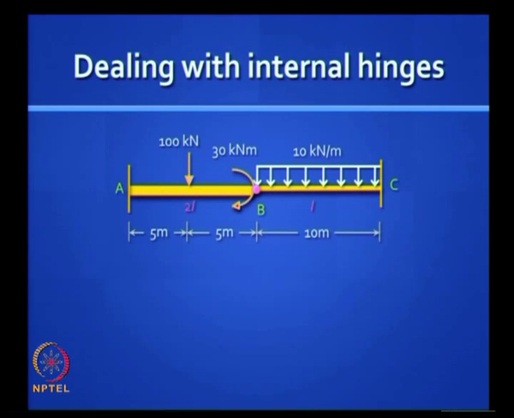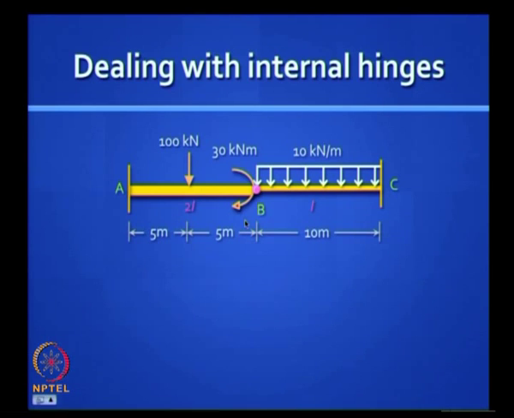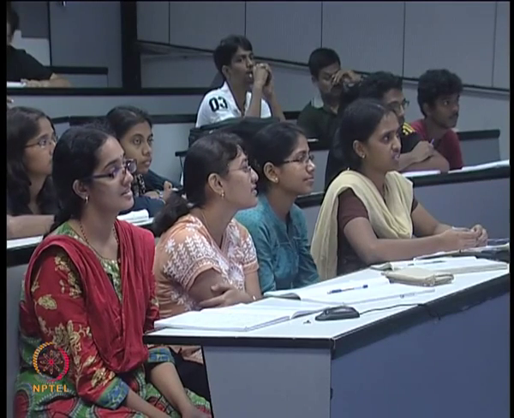Any suggestions? First question, do you understand what happens if you apply a constant moment at B of 30 kilonewton meter? If there was no hinge, you could apply that 30 kilonewton meter exactly at B. If there is a hinge, you can't do it because the hinge does not allow any moment transfer.